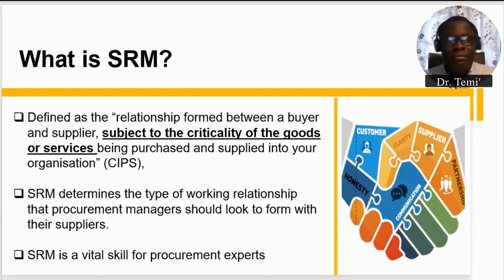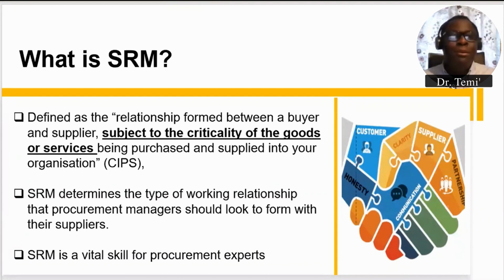Essentially, supplier relationship management is a very important and vital skill for procurement experts. Why? Because when you have suppliers in your organization, if you don't manage the relationship, it can expose your organization to risk. It can affect the inflow of materials that you use for your production.